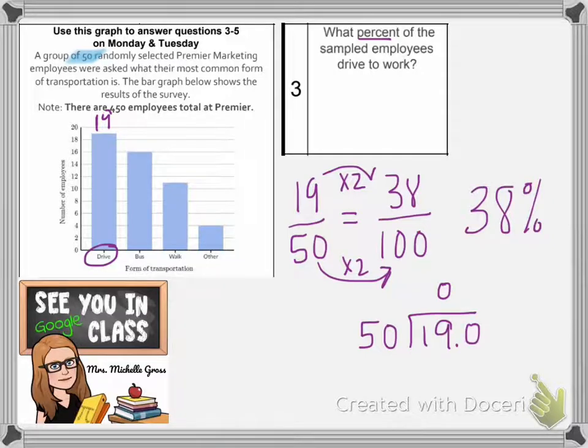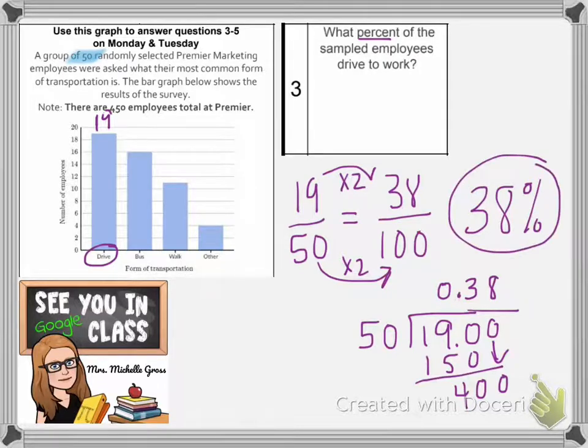And then 50 goes into 190 3 times, 150. Remainder of 40, and then you have to bring down another 0, and 50 goes into 400 8 times, and so you get 0.38, and you can change that to a percentage and say that that's 38%.